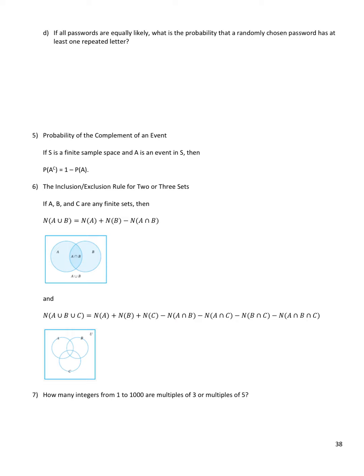Now, if all passwords are equally likely, what's the probability that a randomly chosen password has at least one repeated letter? So the probability of at least one repeated, we would calculate as the number of passwords with a repeat divided by the number of total passwords.